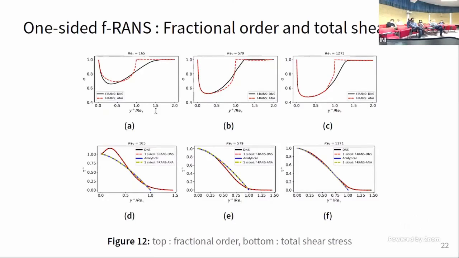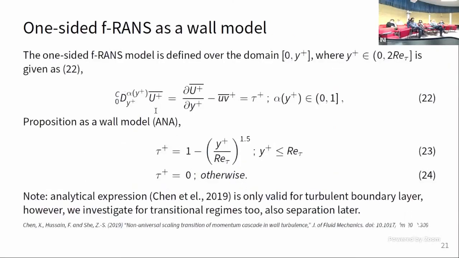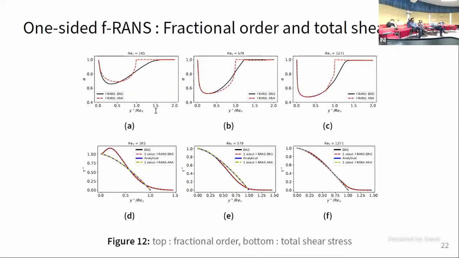The more the turbulent intensity, the lower the fractional order. But you have to make a remark here that the expression is only valid for the turbulent cases, which is the far right. For all of the other cases, that expression is completely wrong, but we can still find the fractional order.